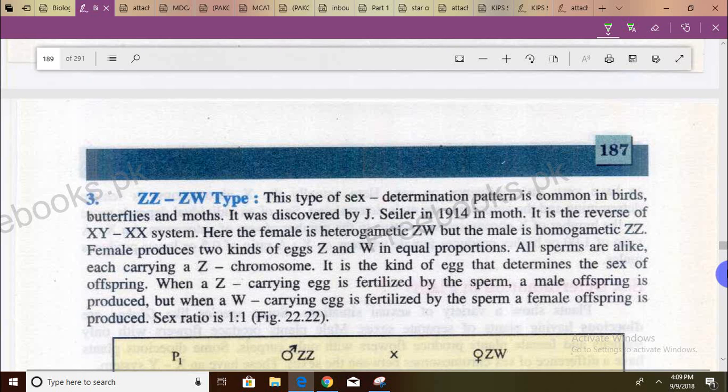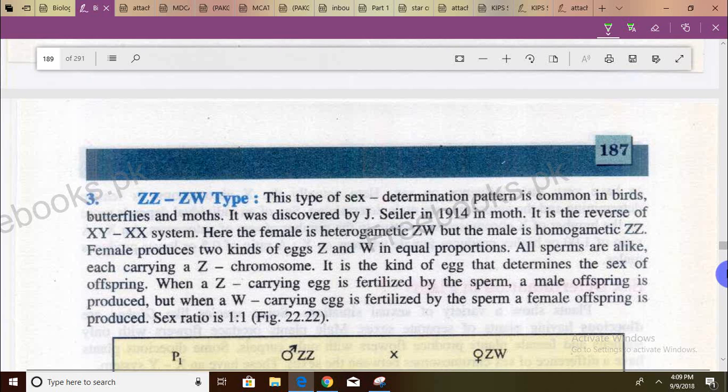Z because they can't sleep while flying, can they? Or actually a few can, I think. And this is the reverse of the XY-XX system, in case you ask. Because in this case the ZZ is the male and the ZW is the female.